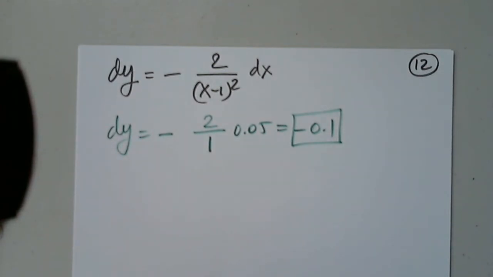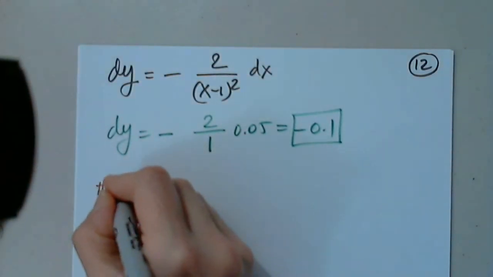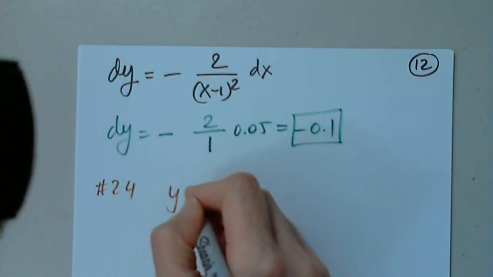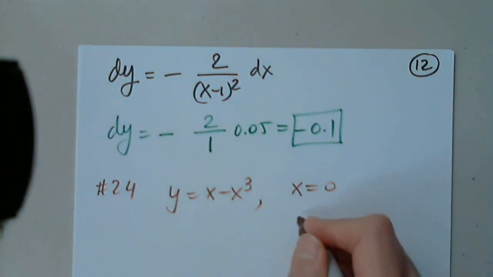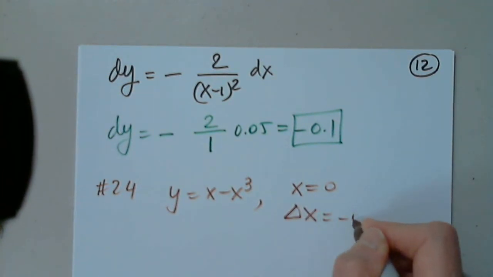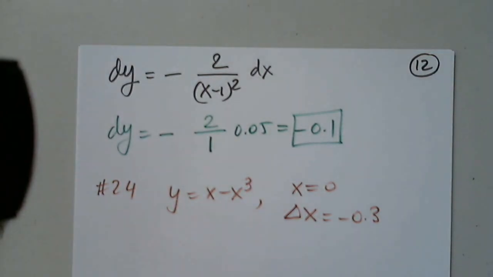Number 24. 24, we have y equals x minus x cubed. X is 0. Luckily, delta x is negative 0.3. Very good. So they want delta y and dy, and maybe they want us to say, oh yeah, look how close delta y and dy are, and brag about it.